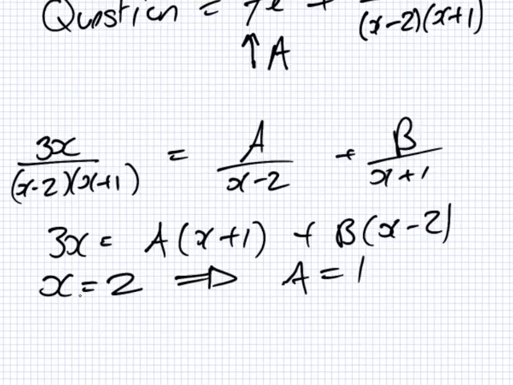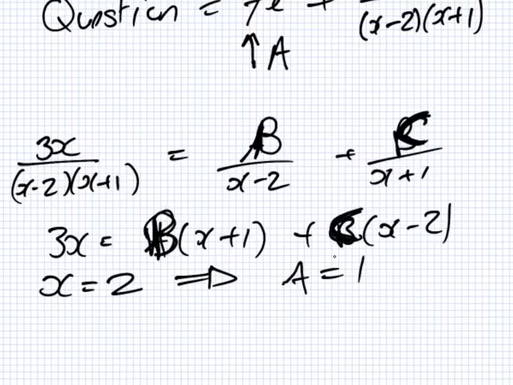Oh, fine, B and C. You know what I mean, though. B and C. So B is 1. Now I make x equal to minus 1, and that means C equals minus 1.